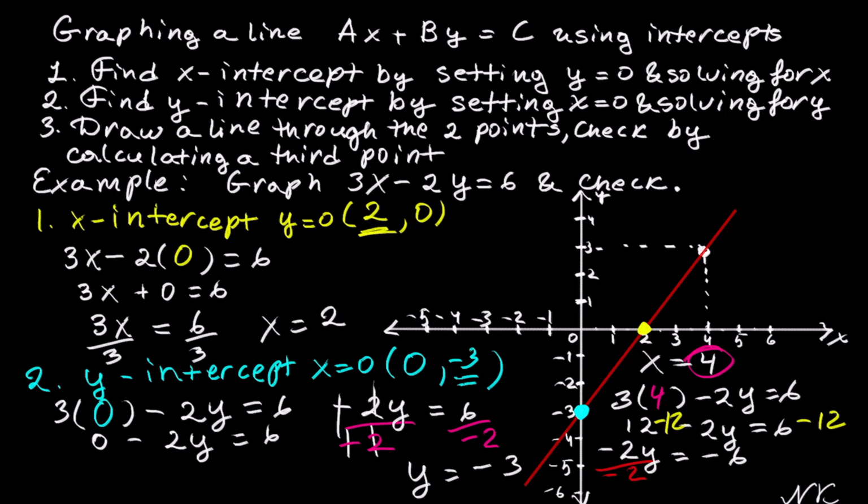Divide by negative 2, so this cancels, and we get y equal to negative 6 divided by negative 2, positive 3. So when x is 4, y is 3 in this function, and it falls on this graph that we drew, which means we calculated the x and y intercepts correctly.